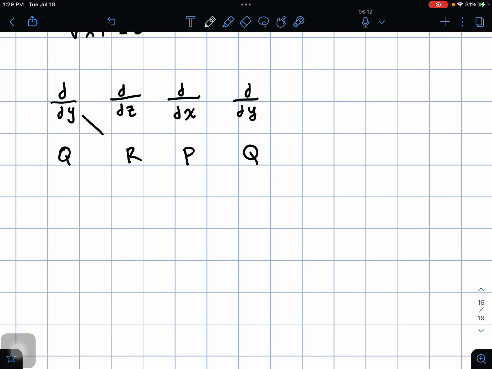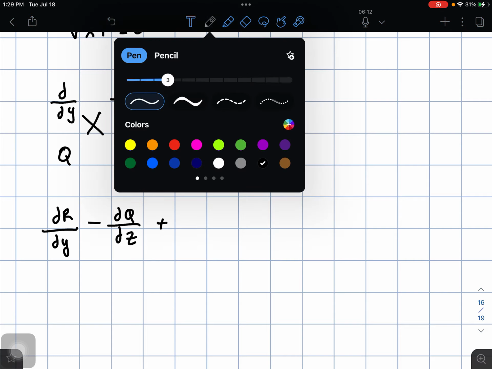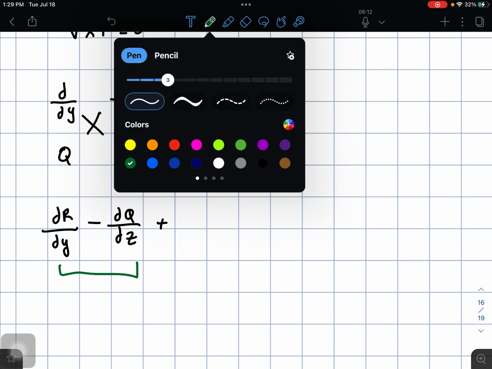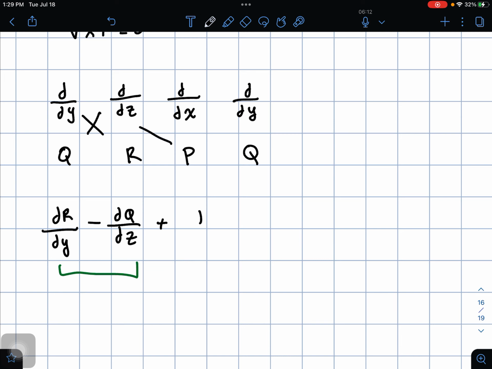So this side, it'll be del R del y minus del Q del z, plus, so this is the x component. Then we have del P del z minus del R del x.